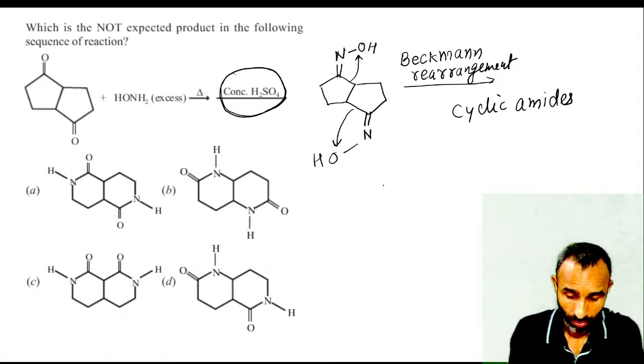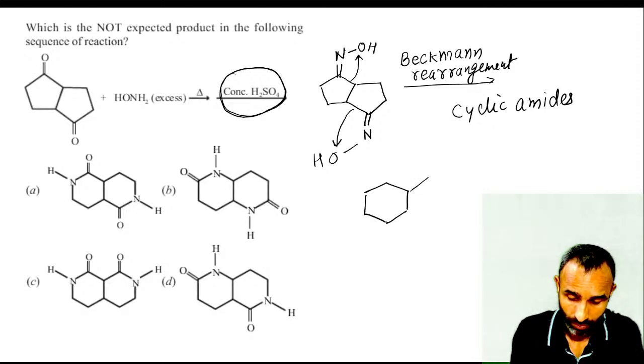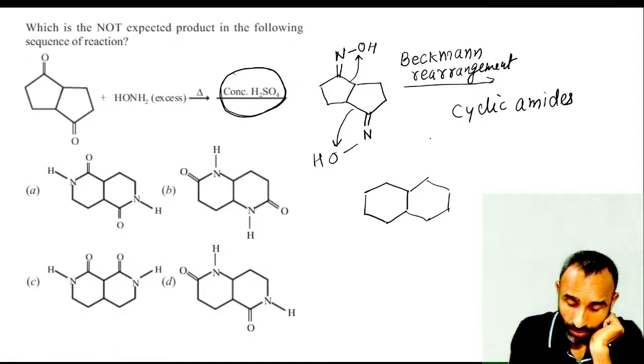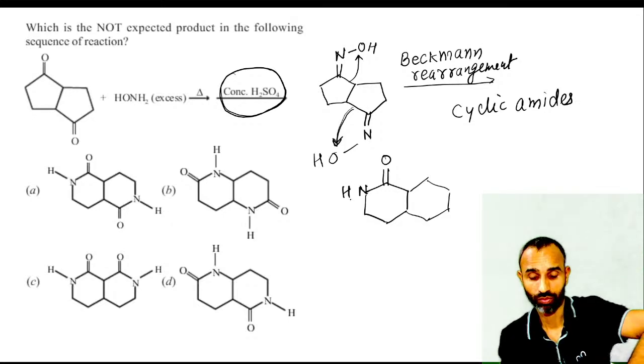Above all, six-membered rings are formed, because when this whole larger group shifts to OH, that becomes C=O, and it becomes NH.